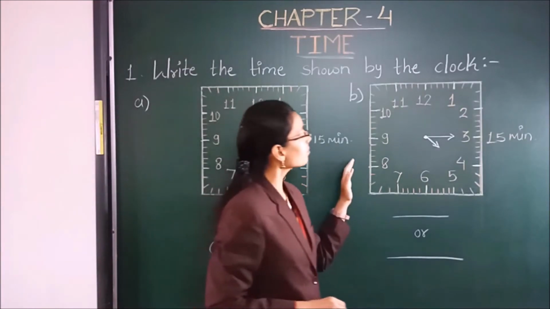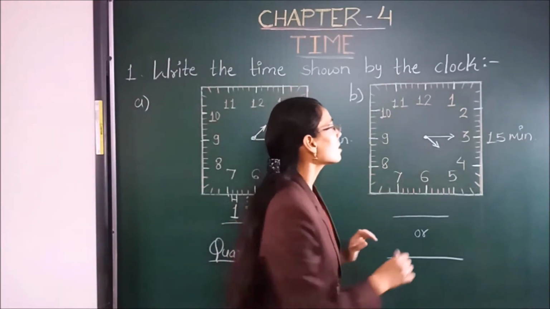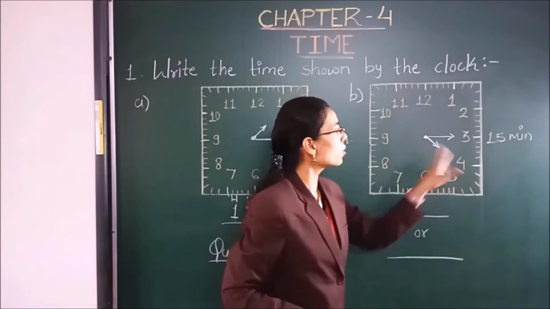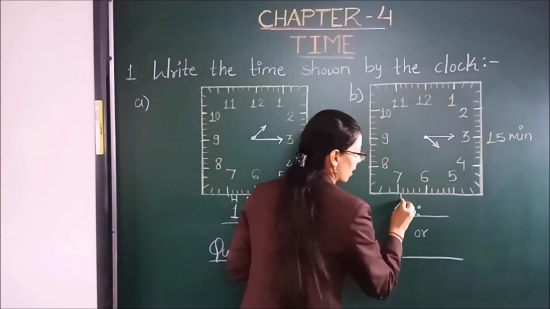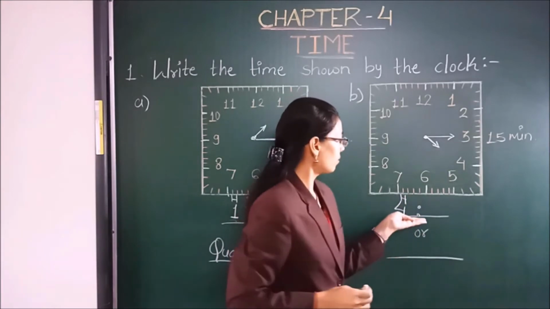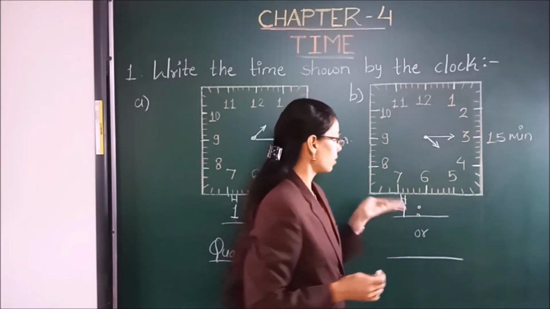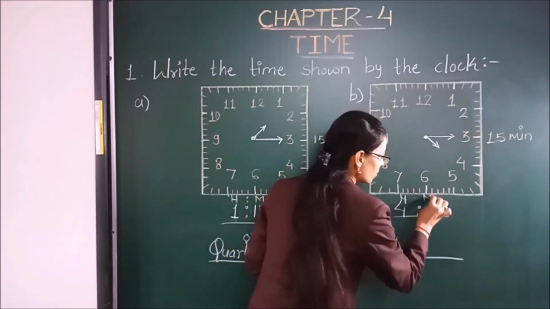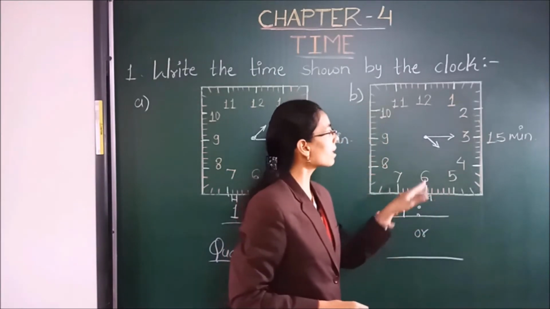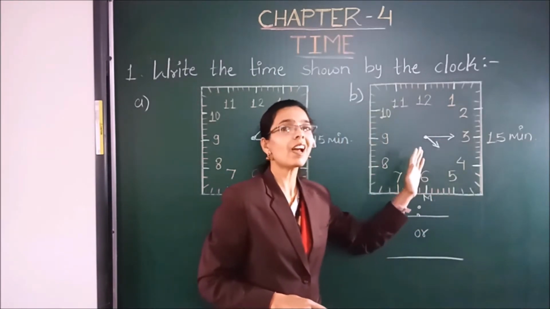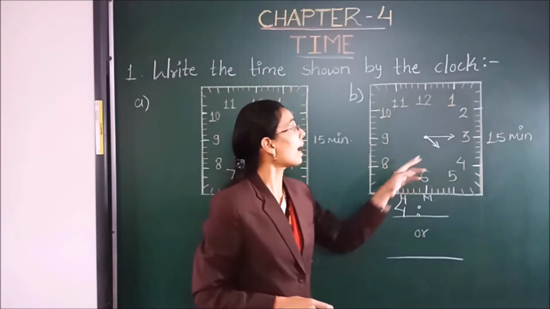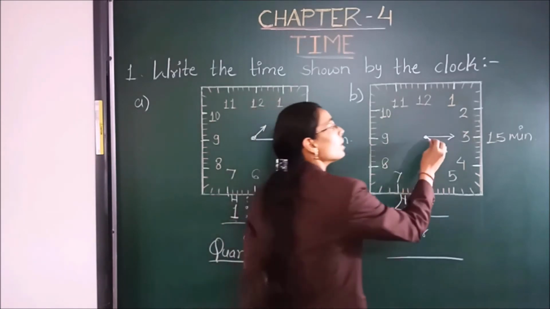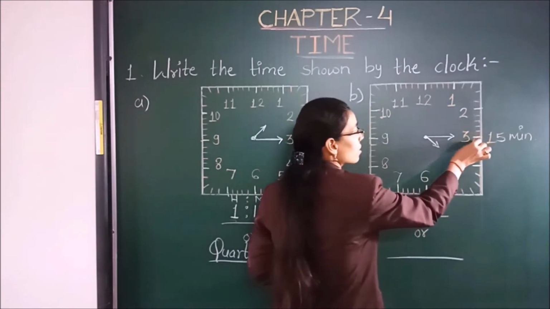Then next, look at here. The hour hand has crossed 4, so we will write 4 here for the hour hand. Before the dots, we write the hour, and after the dots, we write the minutes. The minute hand is at 3.